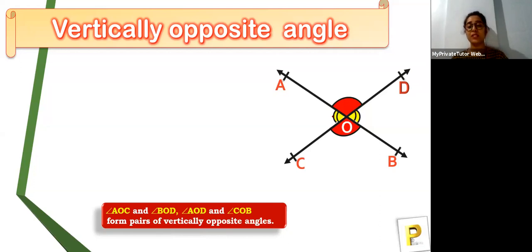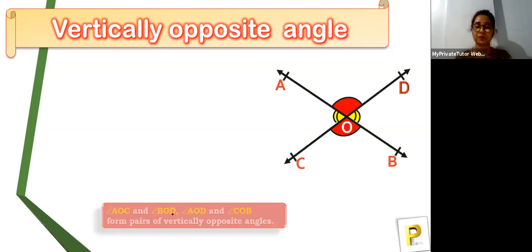We were studying pairs of angles, that was the topic, right? As we are talking about two angles together, these are called pairs of vertically opposite angles. AOC and BOD is one pair, and AOD and COB is another pair.